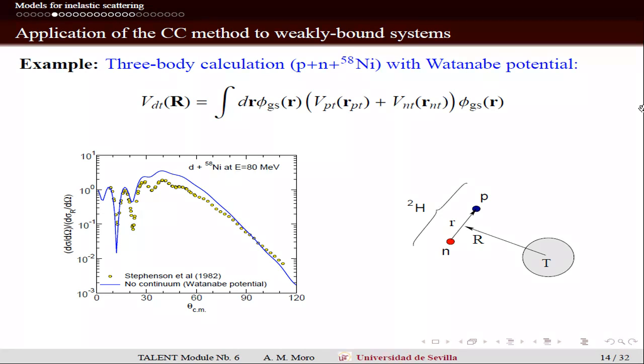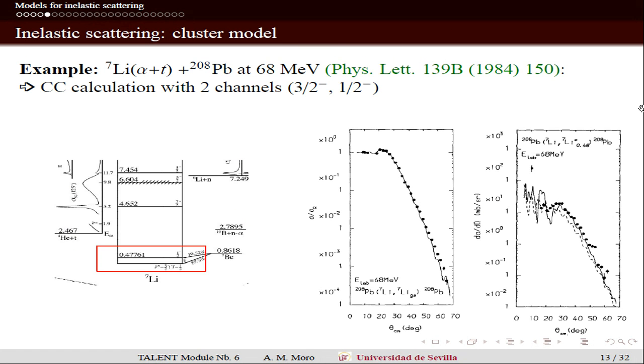Okay. Now we go to the application of this method to weakly bound systems. So far we have been confining ourselves to states always below what is called the breakup threshold. So we only deal with bound states.